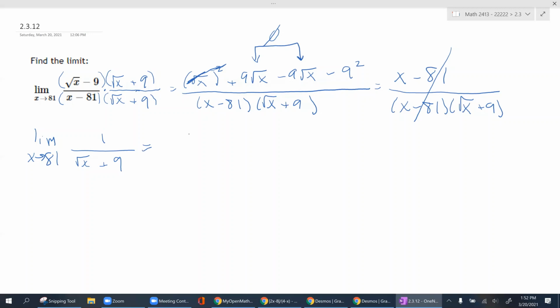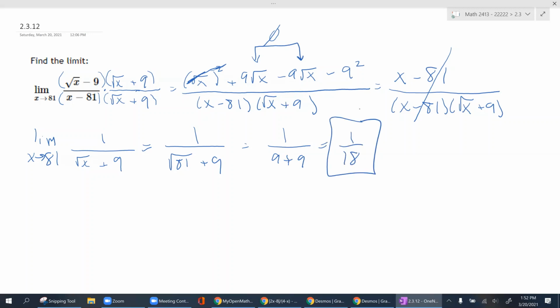You try your limit again. So this is 1 over square root of 81 plus 9. Hey, no zeros over zeros. That's great. 1 over 9 plus 9. Hey, this is 1 over 18. That is awesome. That is what my limit is approaching. That is my limit.